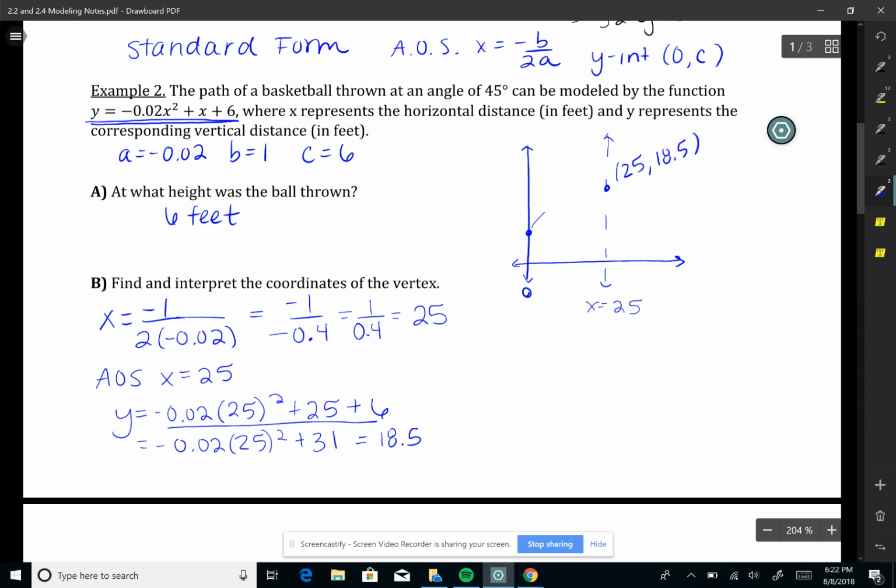It says find and interpret that vertex. Well, interpret means, what does that mean in the context of the situation?